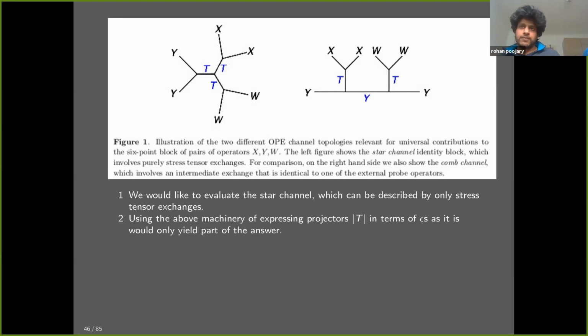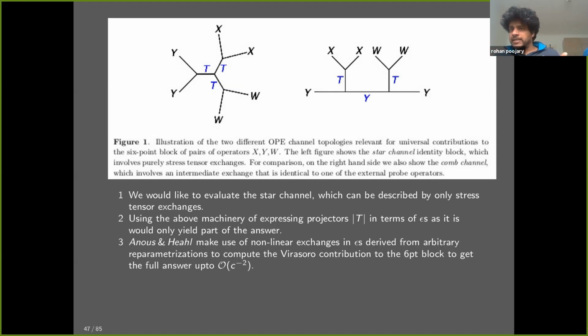That's one of the reasons, but we'd like to investigate how these modes work out. Anous and Haehl make use of a nonlinear reparametrization mode business, which we'll go into and explain further, and we'll see how this produces a 1/c squared subleading order effect in the computation.